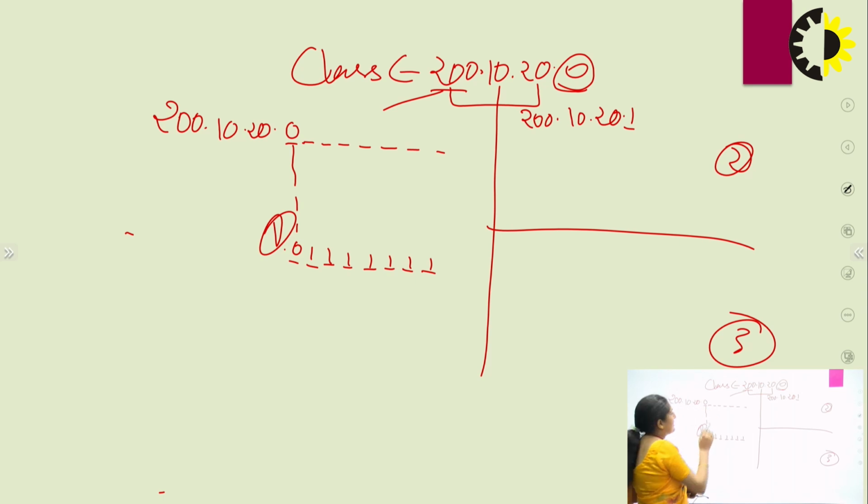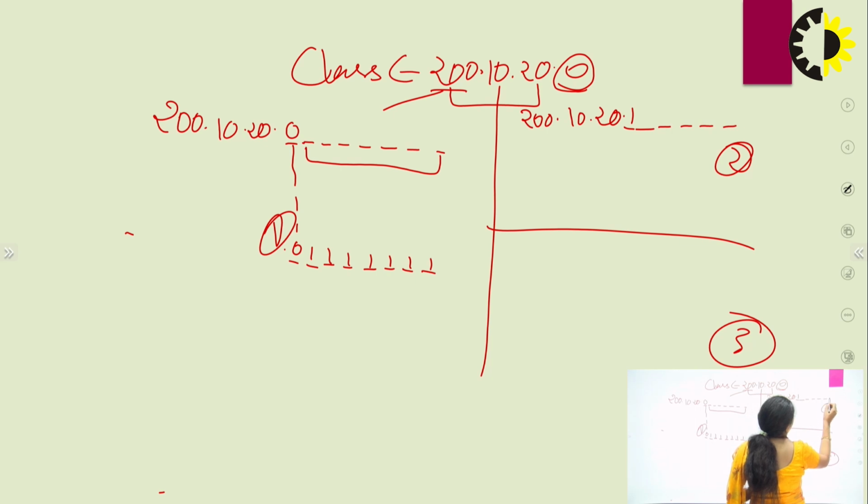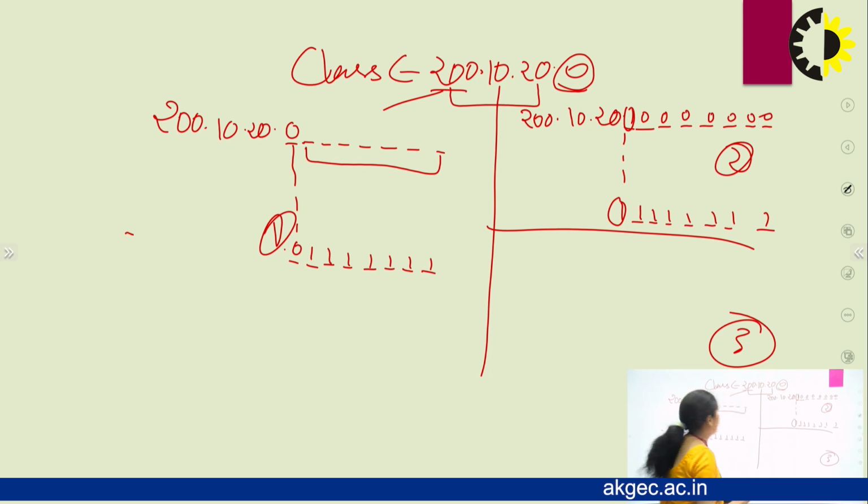It cannot be changed, and the last 7 bits will be changed, from 0000000 to 1111111. So this 1 bit will not be changed, and the other 7 bits will be changed. So 7 bits of possible combinations can be made here.